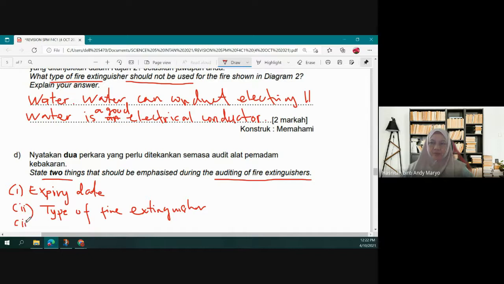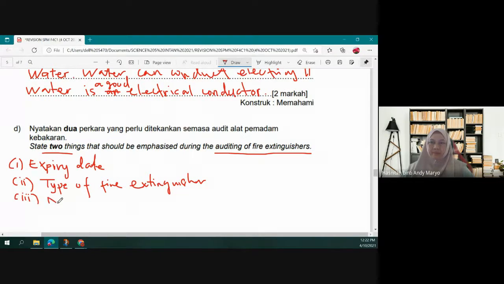I have given you 2. Can you give another 3? Other than the type, we can check on the number. Okay, remember number of fire extinguisher. Either we have bought enough number or not. Fire extinguisher.